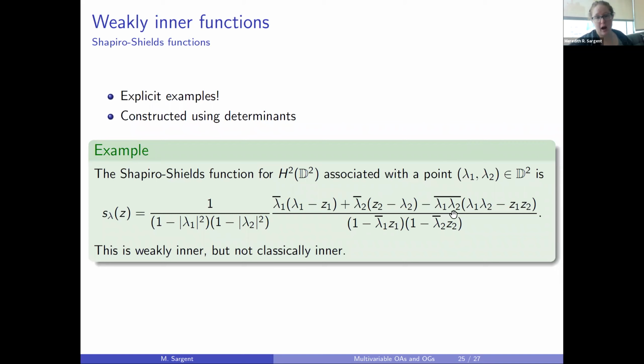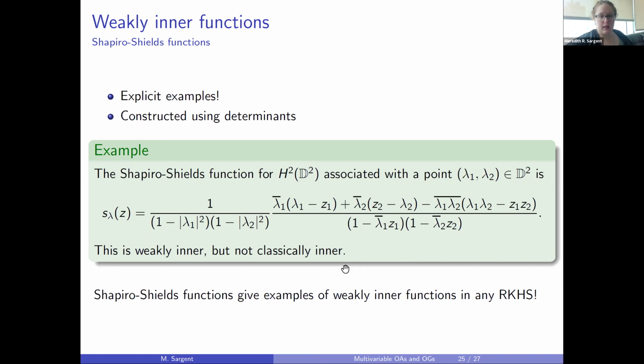You can compute it out. It uses determinants to do the construction. And this ends up being weakly inner, but not classically inner. If you go back and look at the Rudin-Stout definition of a rational inner function, then this ends up failing that. So it's definitely not classically inner. And Shapiro-Shields functions can be used to give examples of weakly inner functions in any reproducing kernel Hilbert space.